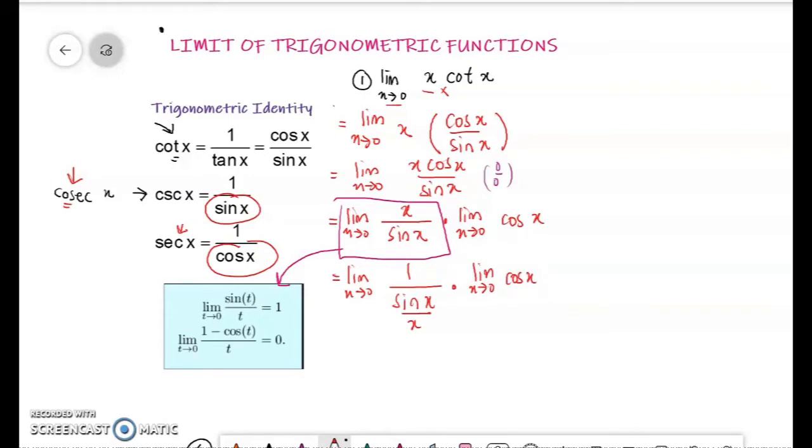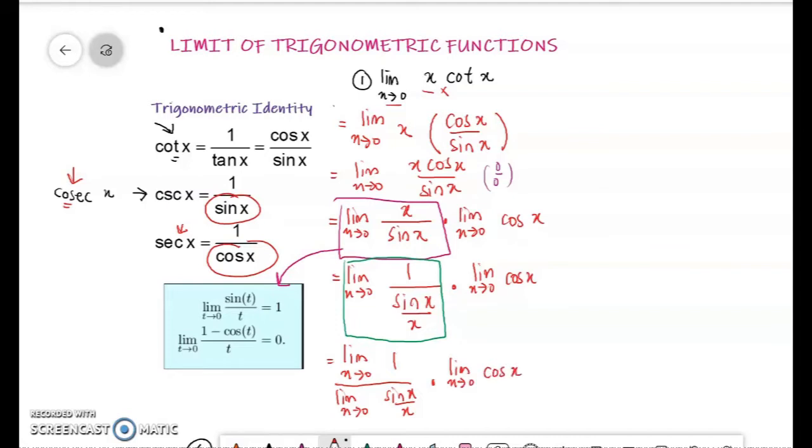For this part, separate again for numerator and denominator. We put limit in the numerator and the denominator: limit x approach to 0 of 1 and limit x approach to 0 of sine x over x, times limit x approach to 0 of cos x.